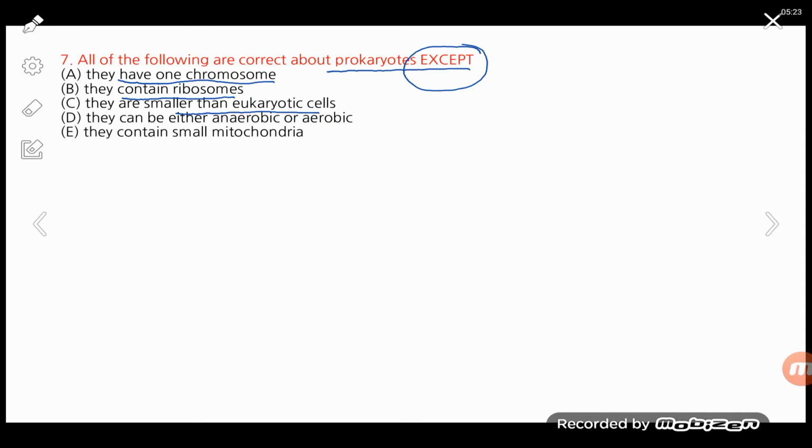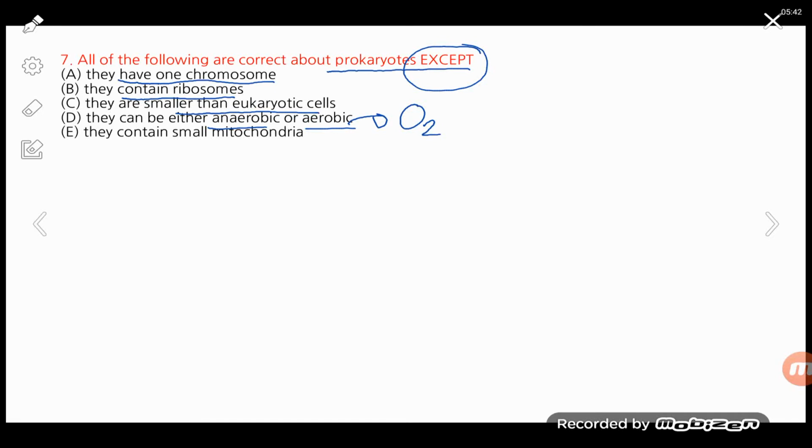They can be either anaerobic or aerobic. Yes, some bacteria or prokaryotes are aerobic, which means they require oxygen. Anaerobic ones can live without oxygen.